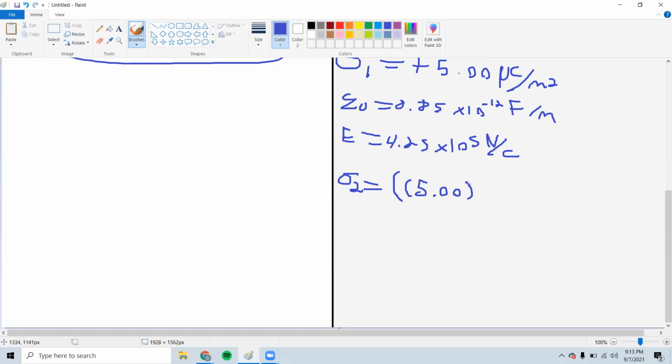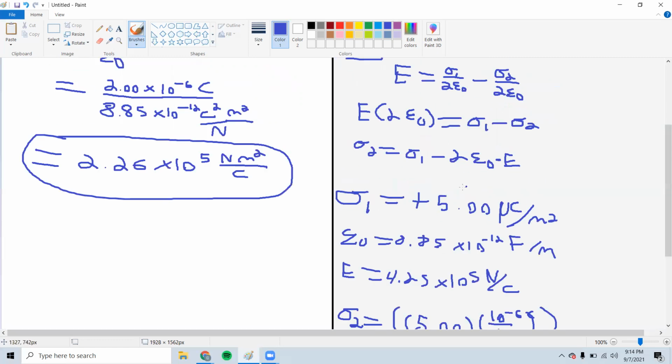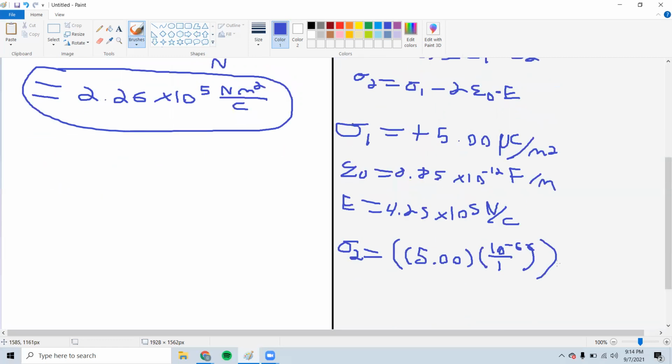Then we add this to change it from micro back to the standard unit of coulomb. That is the value of sigma sub 1.